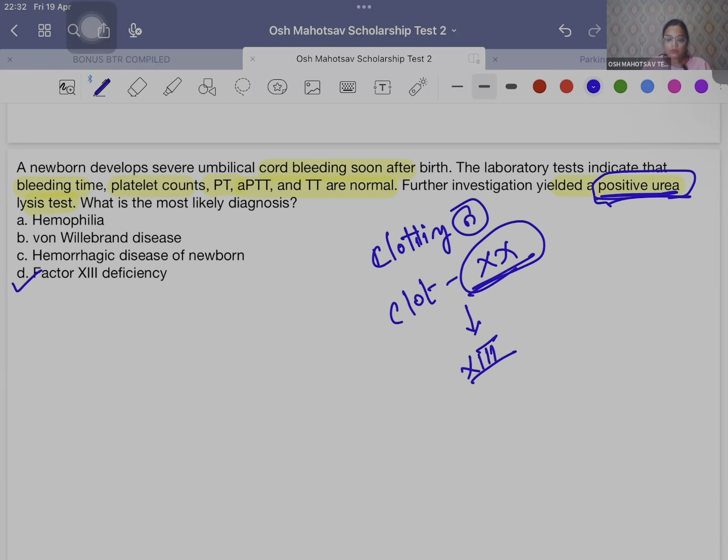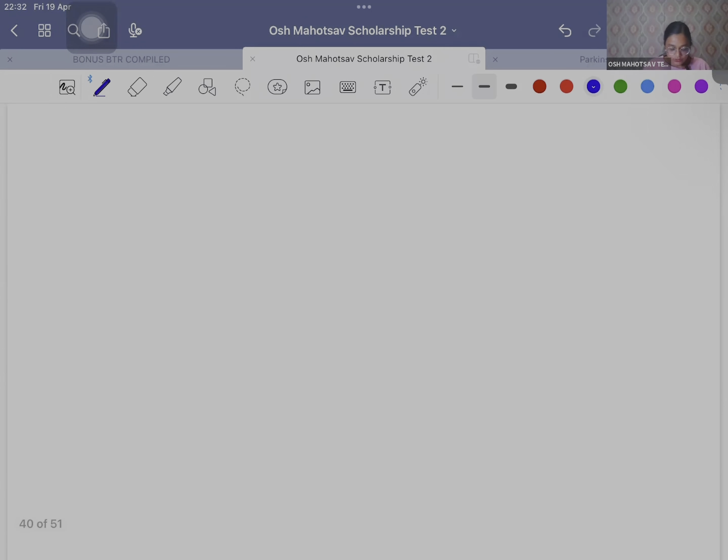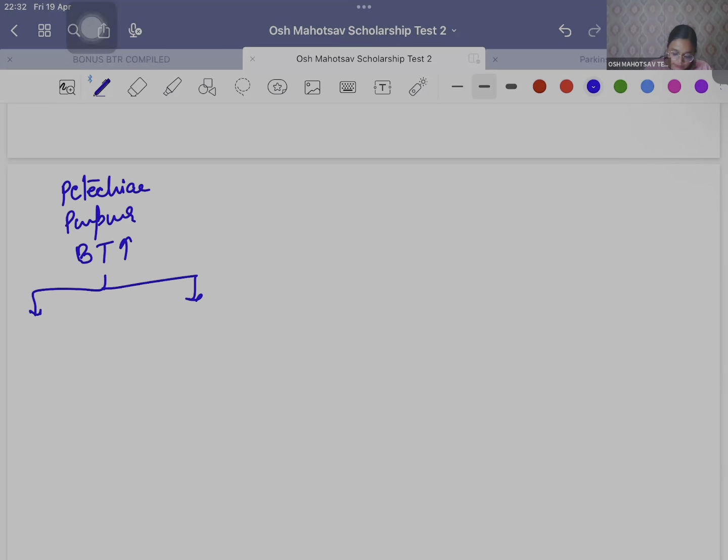Okay, for this you have to remember a few things. Suppose they tell you the patient has purpura, petechiae, and bleeding time is more. Then we will check the platelet count.